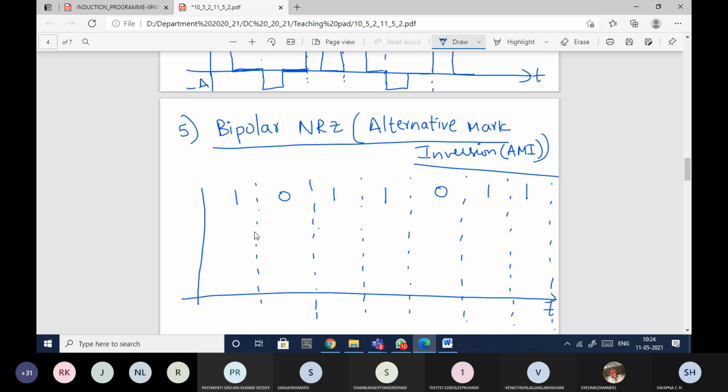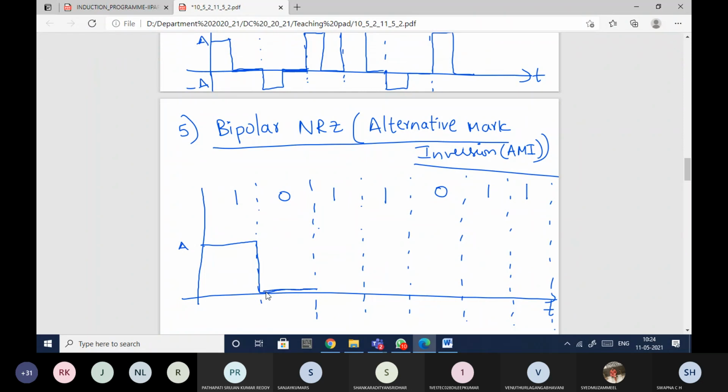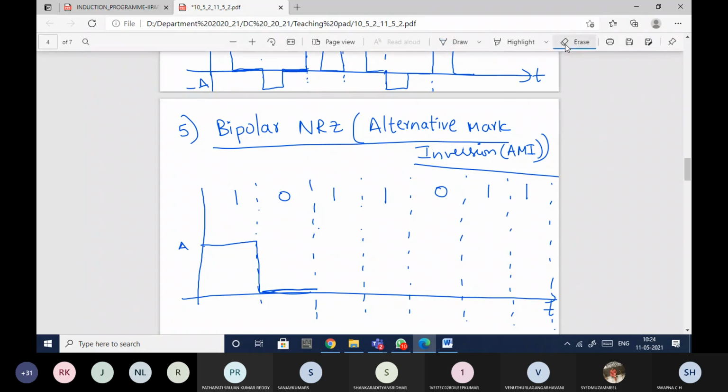Okay, so let me start the first one with positive amplitude. So the first one is positive amplitude. Again, the next bit is 0, so it will be 0. We will not have any amplitude here. It will be just 0.